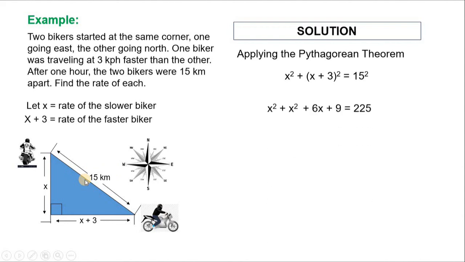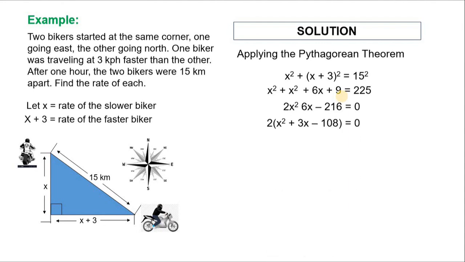Okay, so we have x squared plus 6x plus 9 equals 225. Where does this come from? The square of x plus 3, which is x squared plus 6x plus 9. Again, combining like terms will give us 2x squared plus 6x minus 216 equals 0.